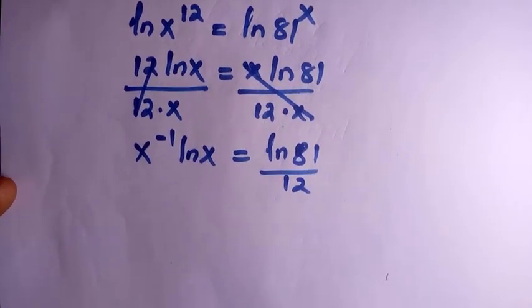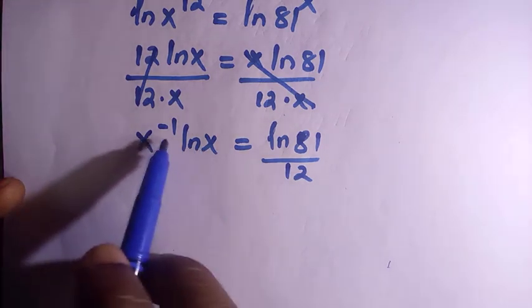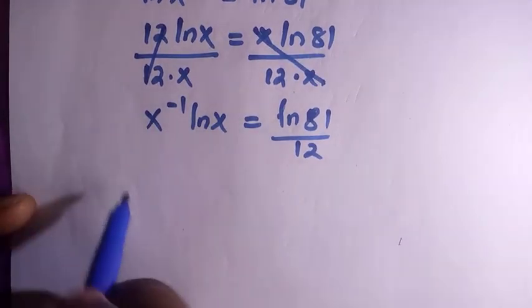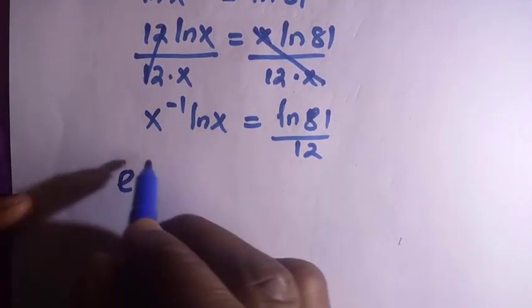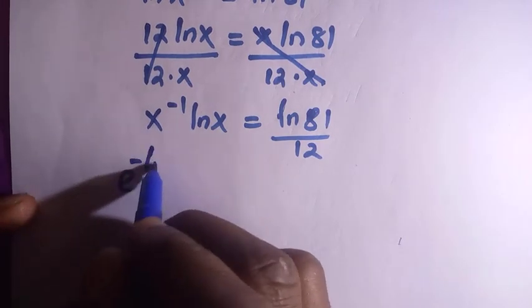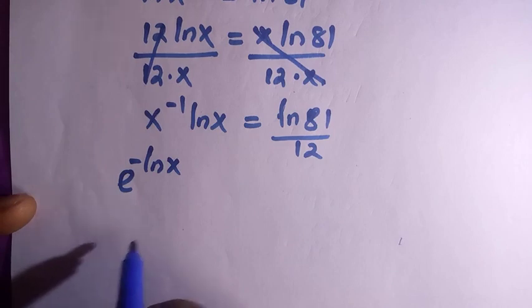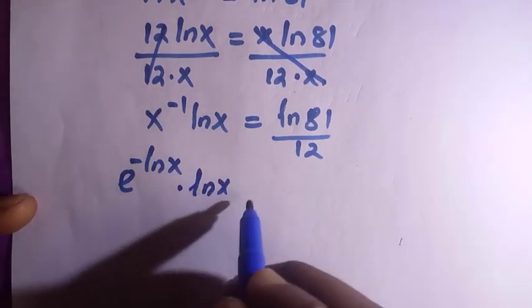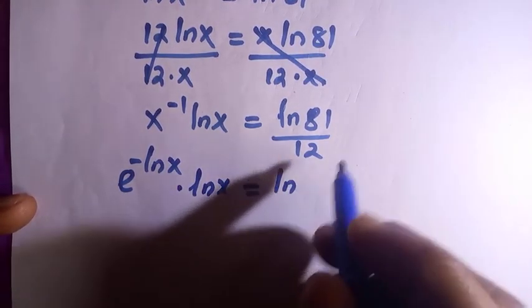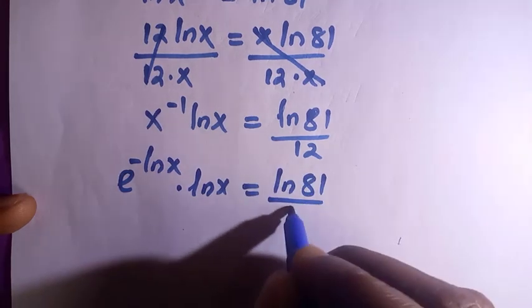So looking at this, if I introduce exponential to both sides, we have exponential of minus ln x times ln of x equals ln 81 divided by 12.